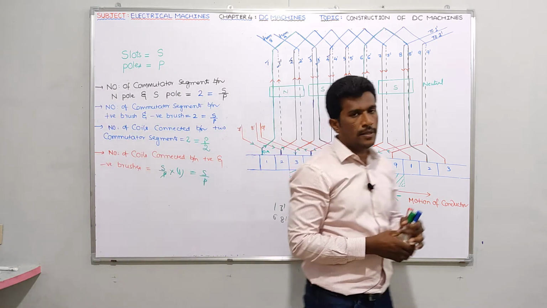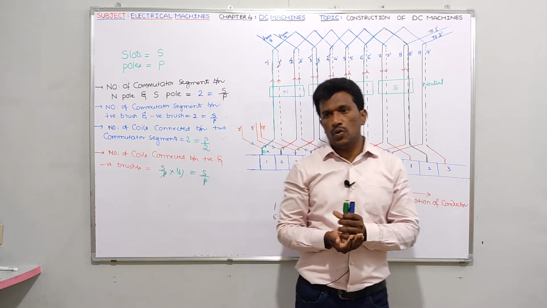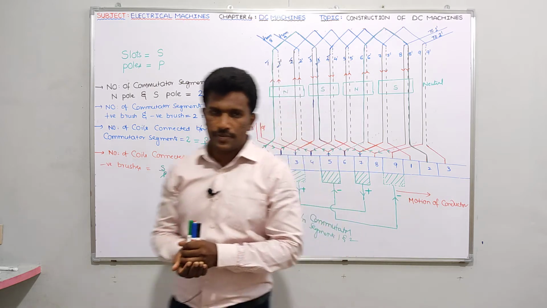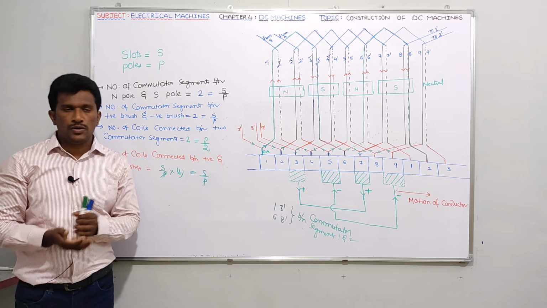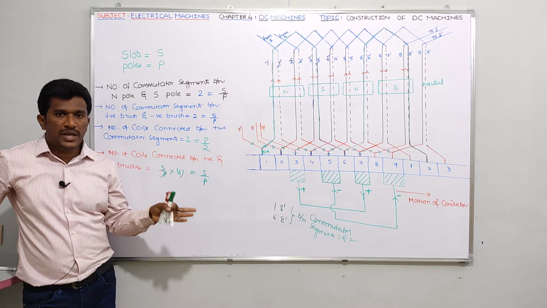Therefore in lap winding, S coils are divided into P parallel paths. I mean to say P parts. S coils divided into P parts.